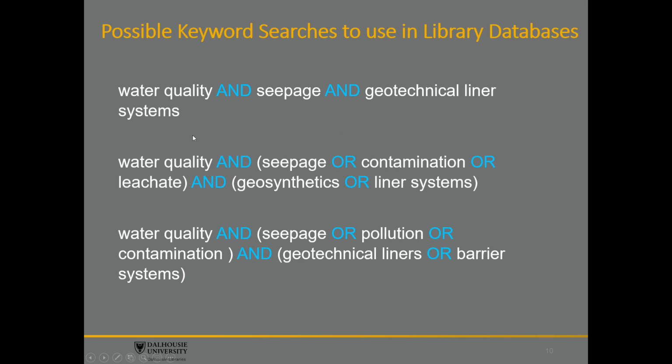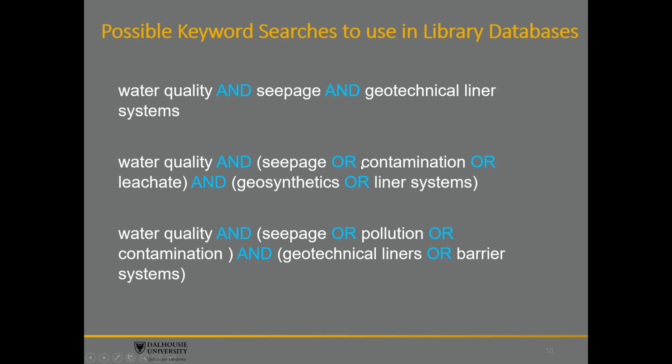A second possible search string would be water quality and, in brackets, seepage or contamination or leachate, close bracket, and, in brackets, geosynthetics or liner systems, close bracket. So what you see within the brackets are the synonymous words, OR'd together. So when you OR words together, you give yourself a lot more options to find information, because we're not just looking for the word seepage, we're looking for the words contamination and leachate as well.